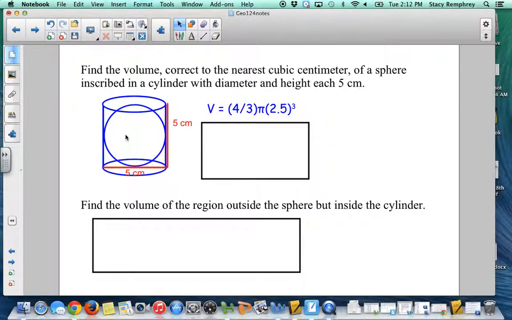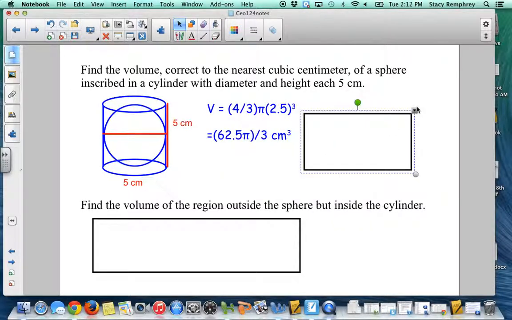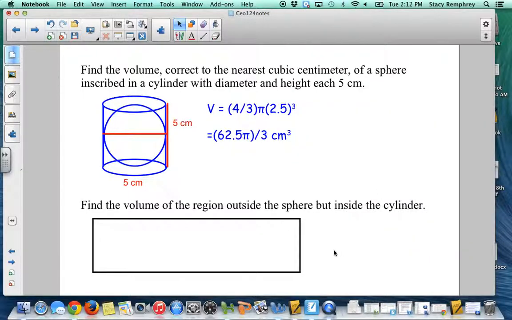So that means, because I can see, I could take this, let me move this, and move it up. You can see that the 5 of the cylinder is also the diameter of the sphere. So that means the radius of the sphere is 2.5. So I plugged in 2.5 for the radius in the formula, and I got that for the volume of the sphere.